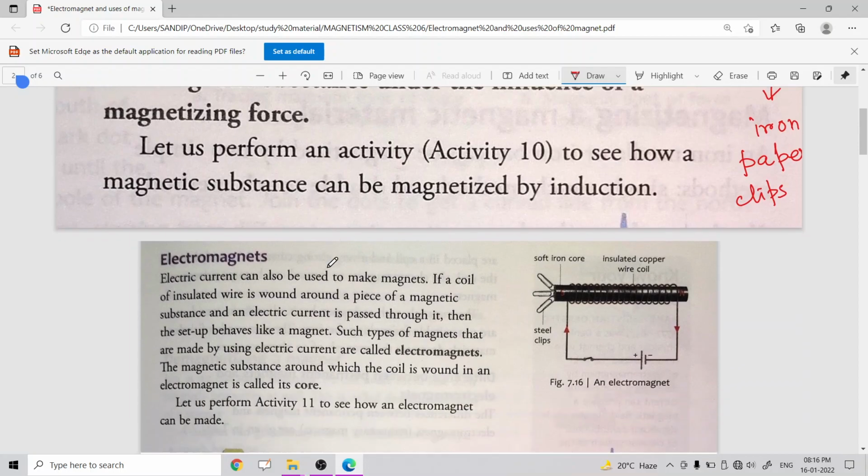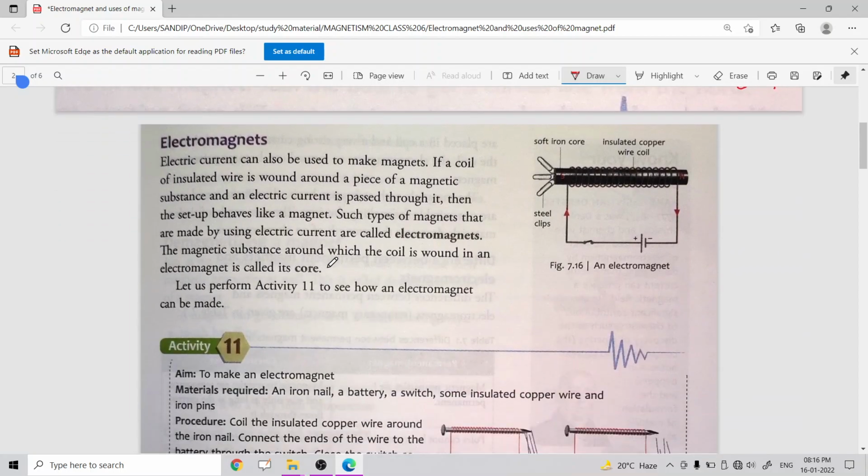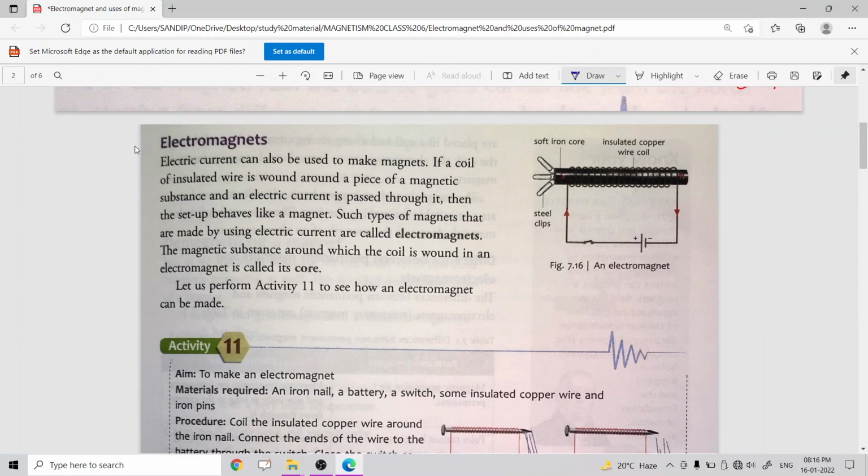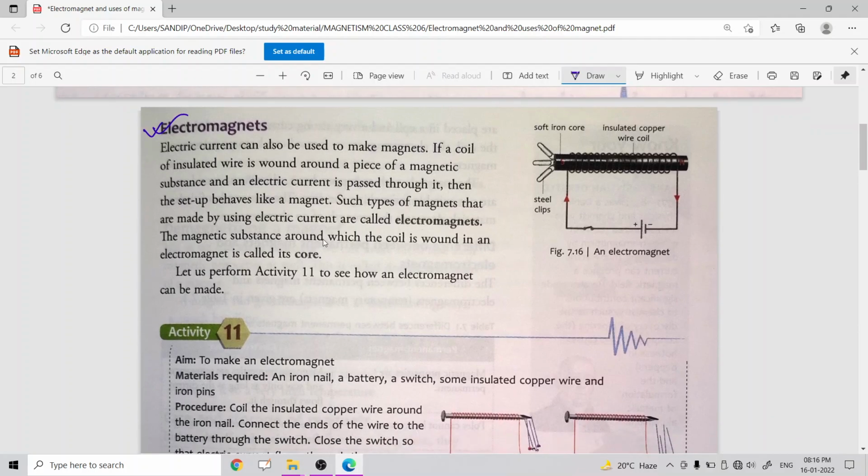Now we move to our next point: what is an electromagnet? Generally, an electromagnet is a way of making a temporary magnet. Here you can see a simple block diagram.